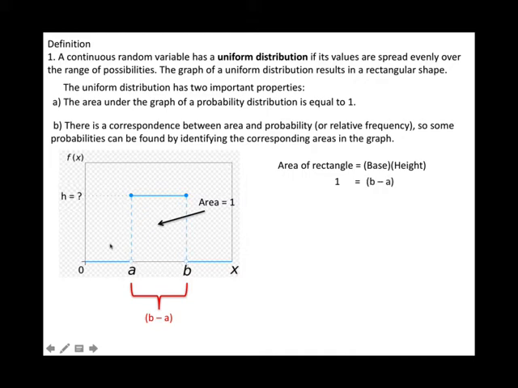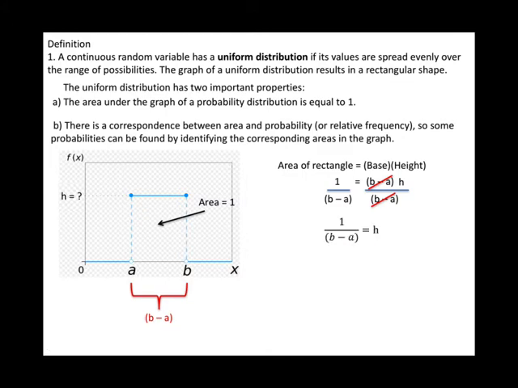And then we want to figure out what the height of the rectangle is, so I just put the h in here. Now we want to figure out what the h is, so we divide both sides by b minus a. This is an equation, so we divide h by b minus a on both sides here. And these two you could cancel out.